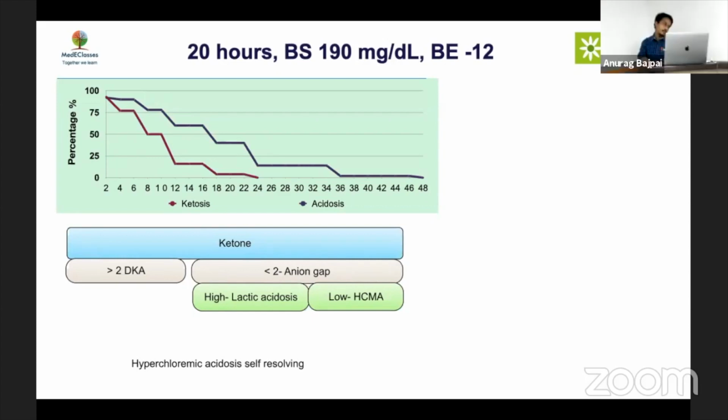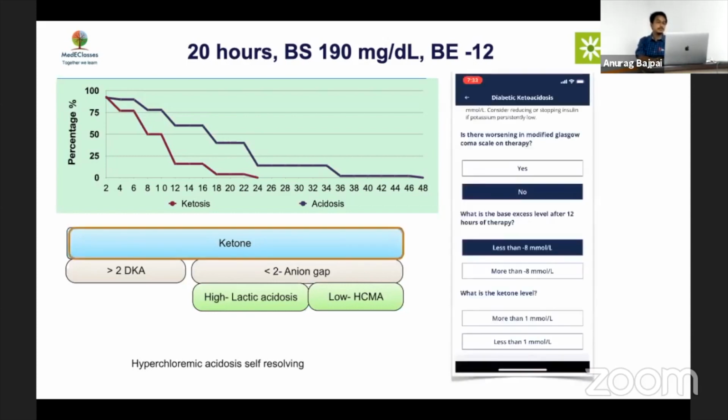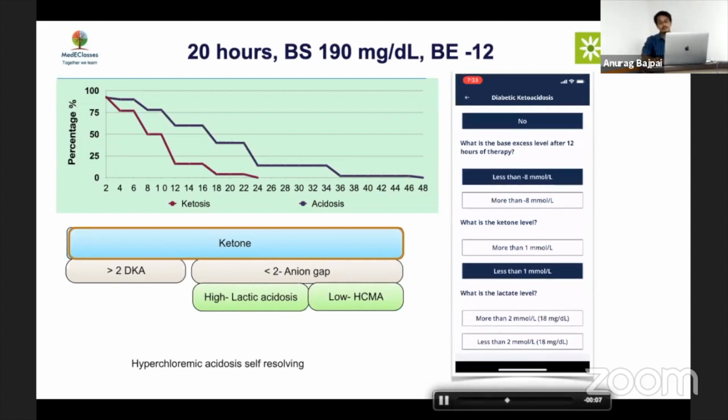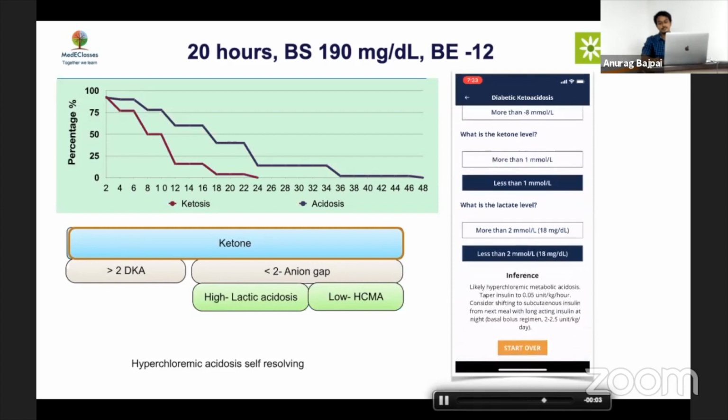Yes, so I think this is a very clear-cut case of a hyperchloremic metabolic acidosis. So you have to look at the ketone levels. If the ketone levels are low, then you look at the lactate level. If your lactate is also low, this means it is a hyperchloremic metabolic acidosis. What is chloride load?